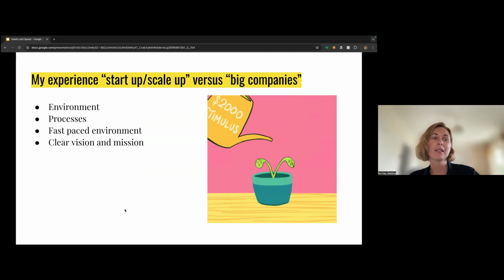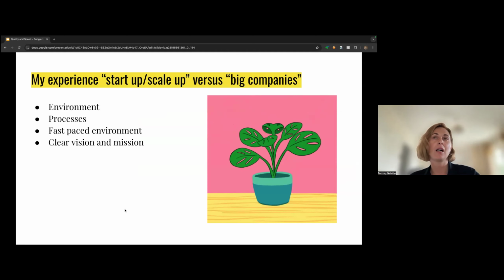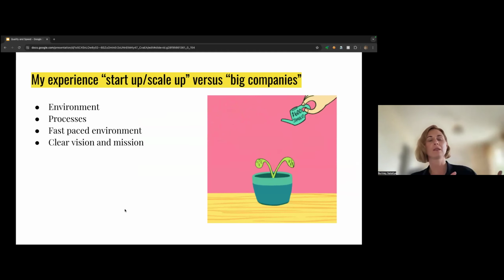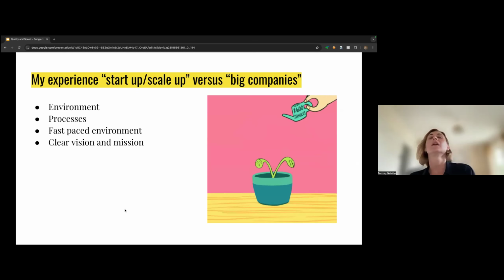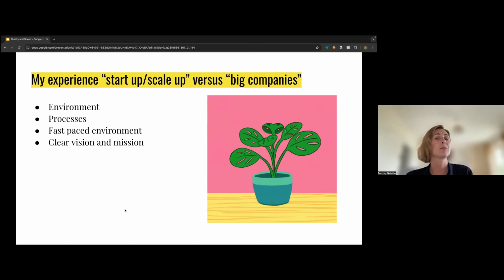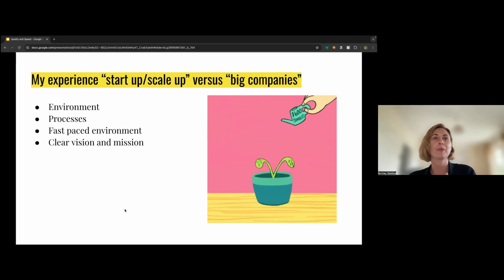I worked in different companies: big, more settled ones with quite a long history on the market, like travel market or marketplace, or small companies, more like a startup and then scale up.